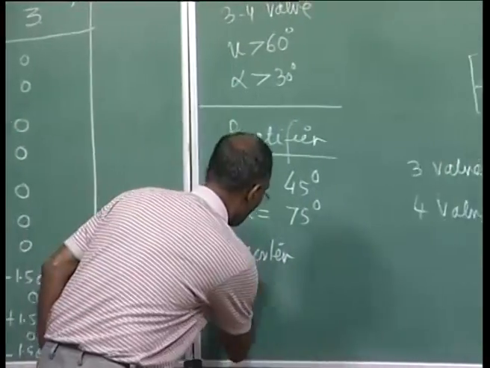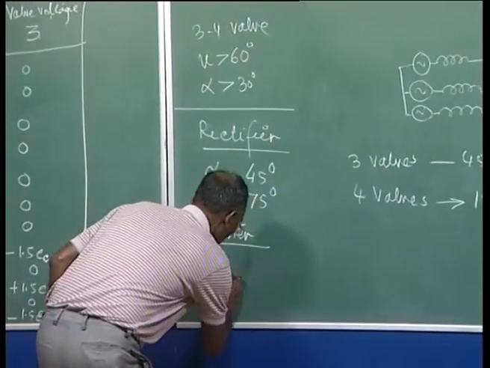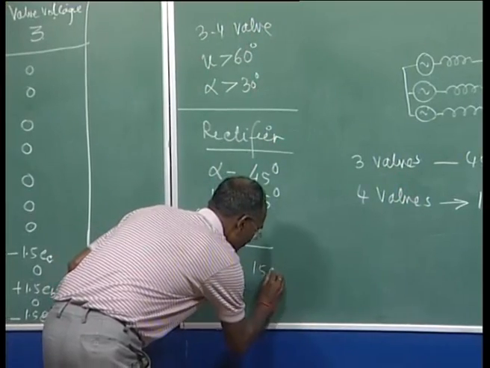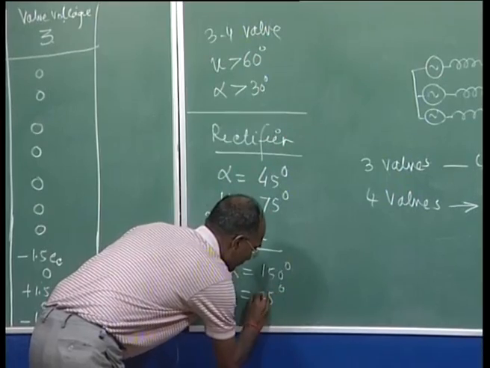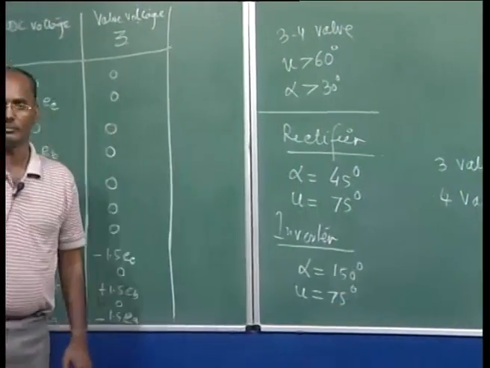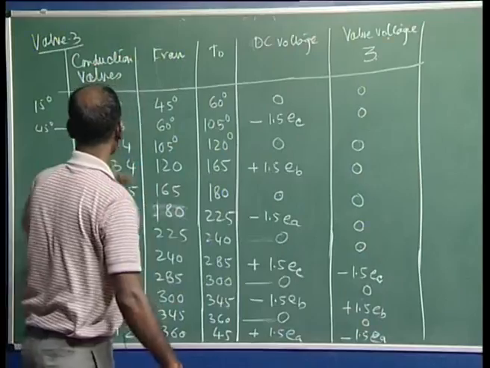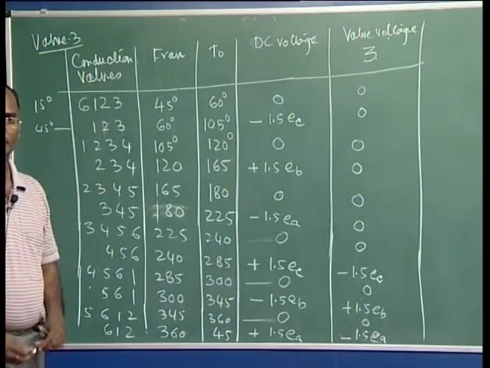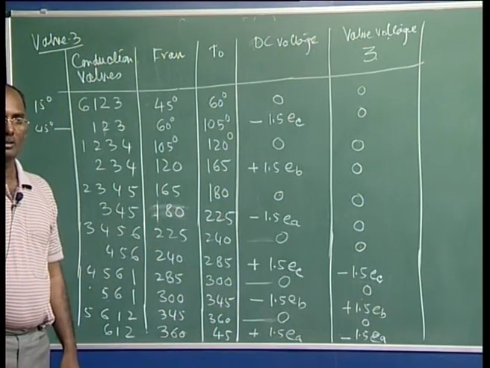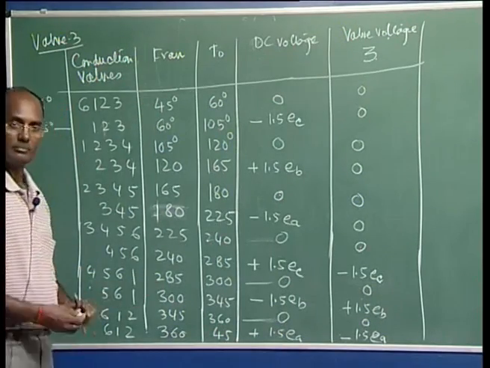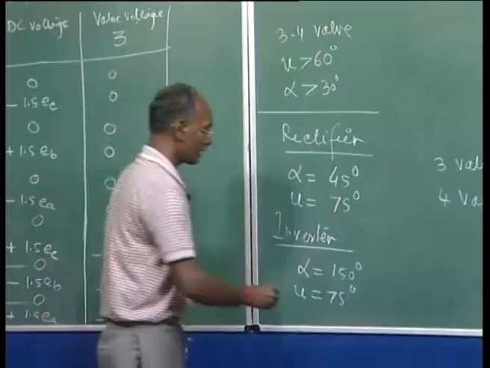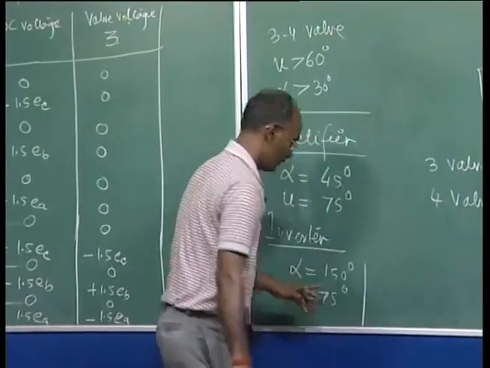So, in inverter operation, let us take alpha as 150 degrees and u as 75 degrees, and then we have to start here. So, this will change. In this case, what happens?